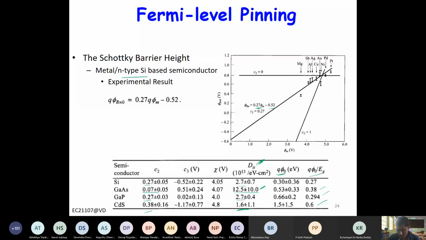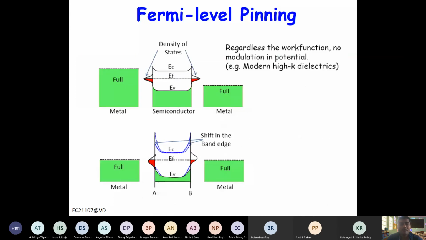Correct. So effectively we can draw the Fermi level diagram like this. If there is a piece of semiconductor here and we have a metal here whose Fermi level is at a different level, let's say in one case its Fermi level is above the pinning neutral level, and in the second case its Fermi level is below the neutral level. So when it is above the neutral level, it will supply the electrons.